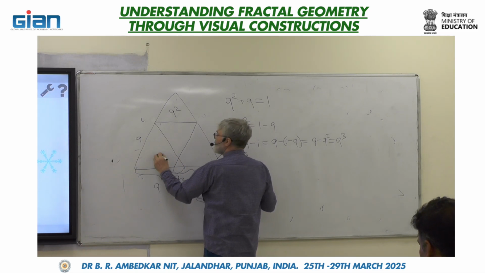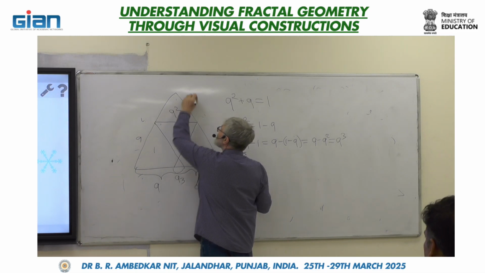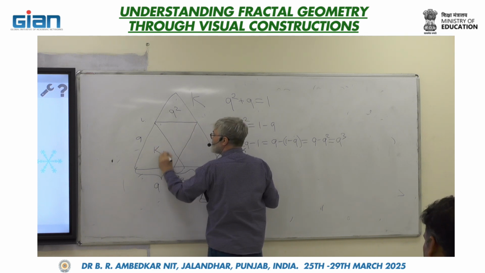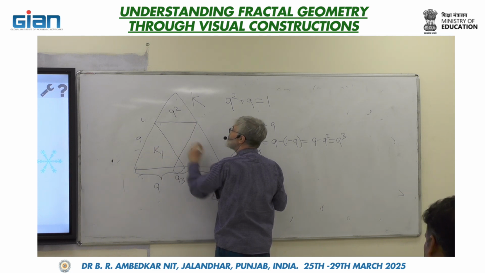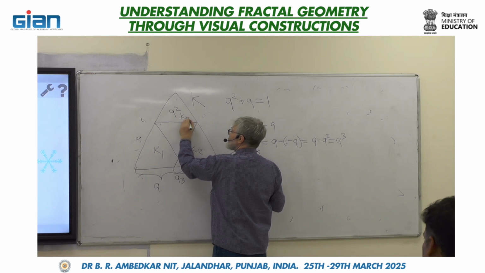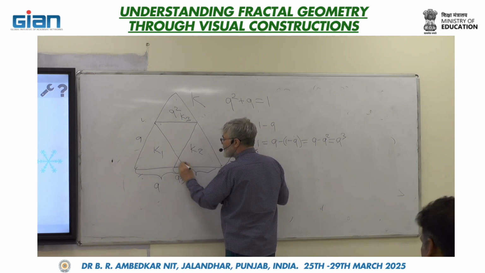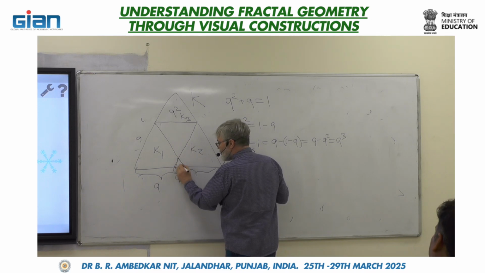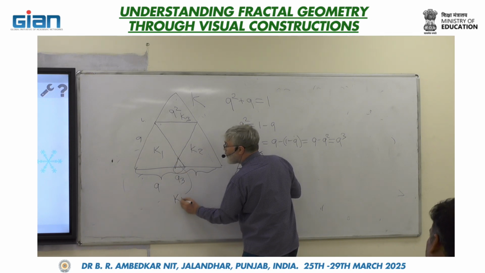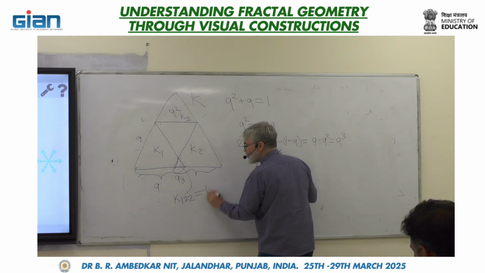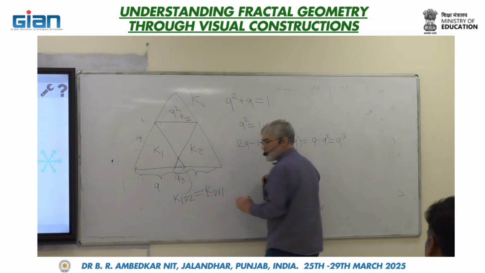So if the whole triangle is K, this will be K1, this will be K2, this will be K3, say, and this will be K1, 2, 2, and at the same time it will be K2, 1, 1.